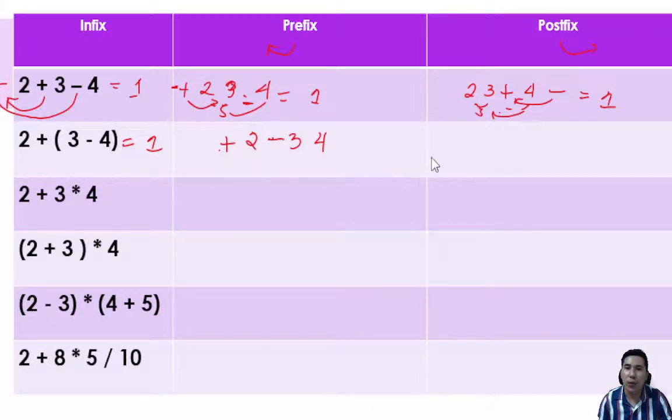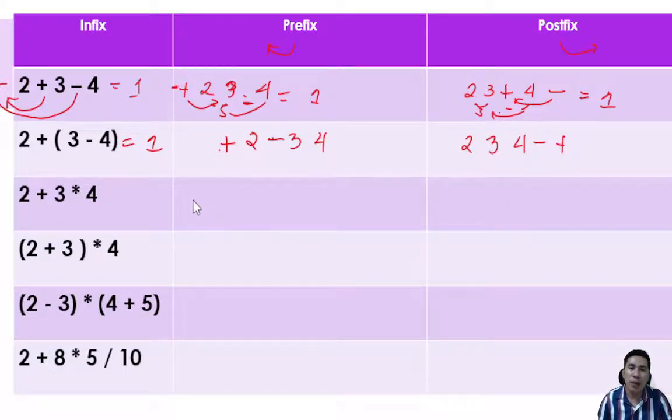How about here in your postfix? This is 3, 4 minus, and then 2, because 3 minus 4 and then plus 2.